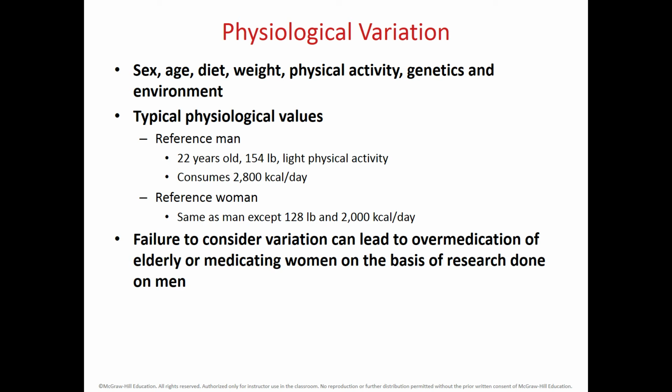And this male will be consuming around 2,800 kilocalories per day. So this will be the reference man. Now in textbooks they also have a reference woman, which has the same characteristics as males, so 22 years old, and the weight for females will be 128 pounds with light physical activity, but this female will be consuming 2,000 kilocalories per day.